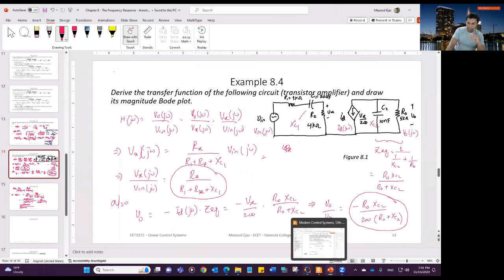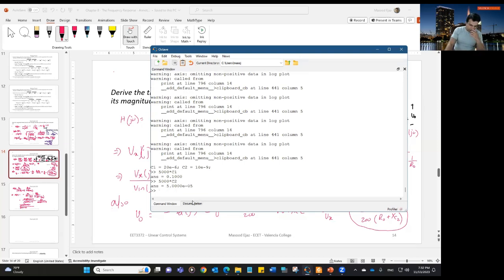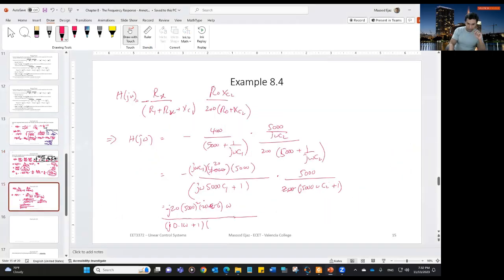So 5,000 times C2, that's 5 exponent negative 5, or 50 exponent negative 6. So j 0.5 exponent negative 5 omega plus 1.